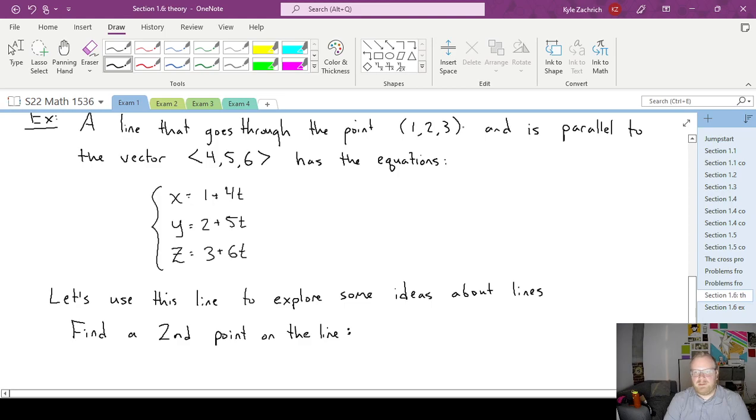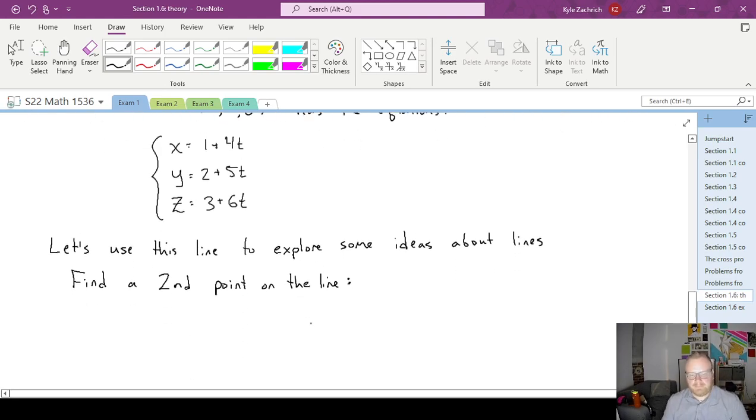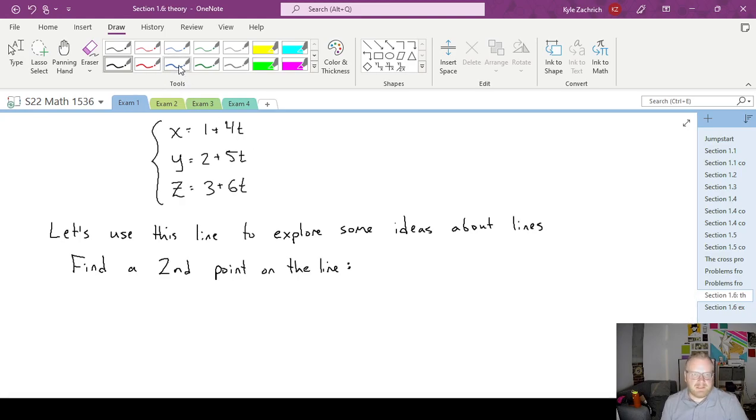We have the point 1, 2, 3, but let's find another point on the line. To give that same drawing again, remember we've got this line here. Here's that point on the line.